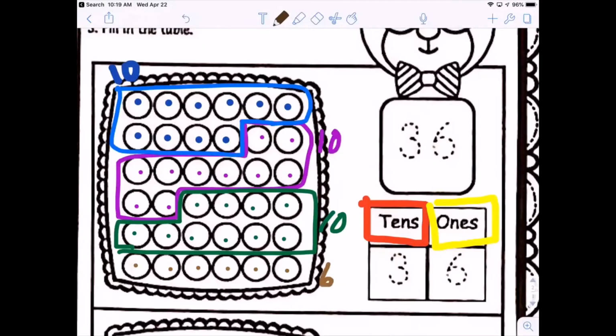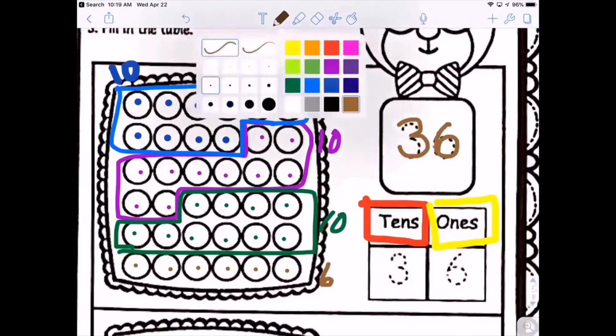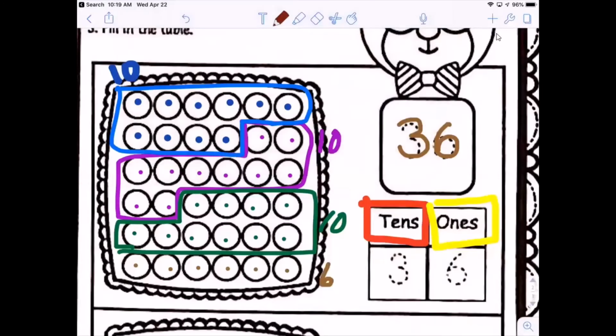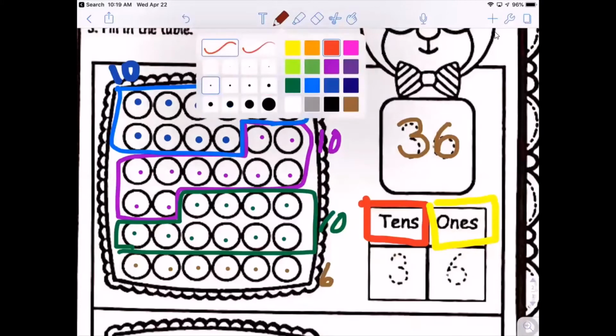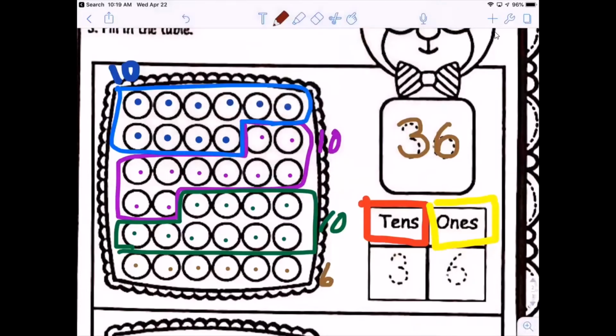So now I write my number, 36. Okay. That's my group of 10s. And these are my ones.